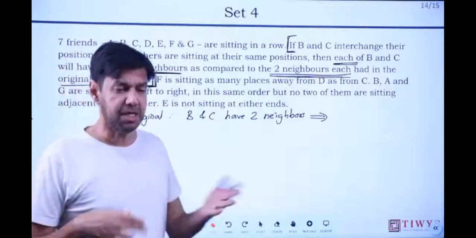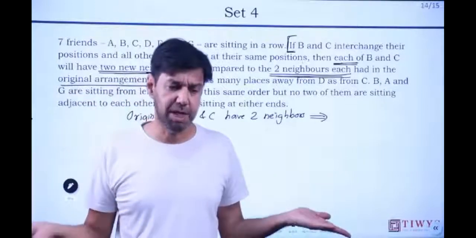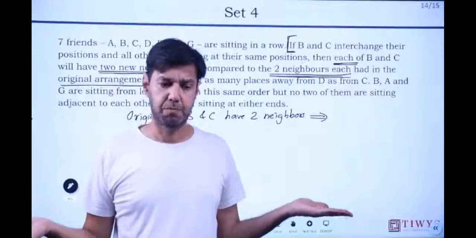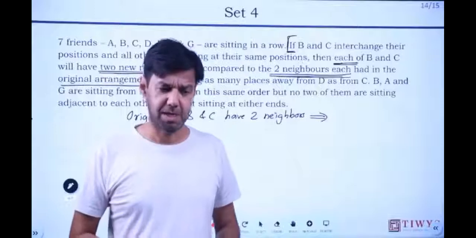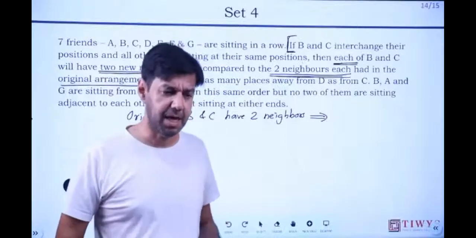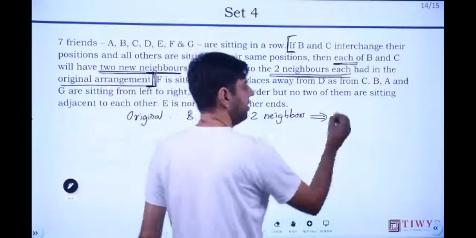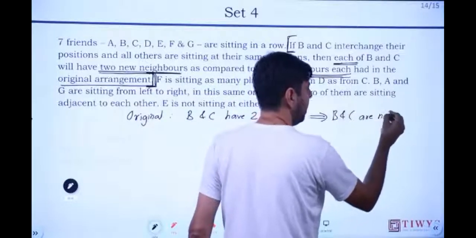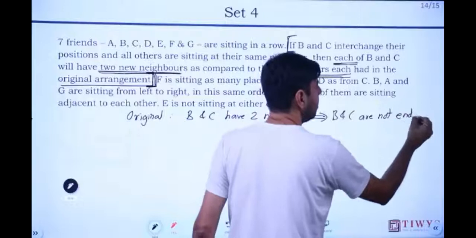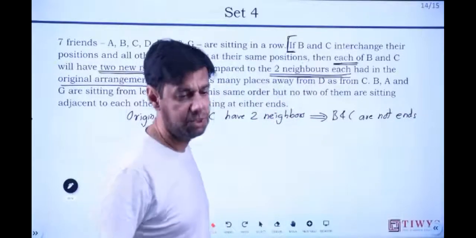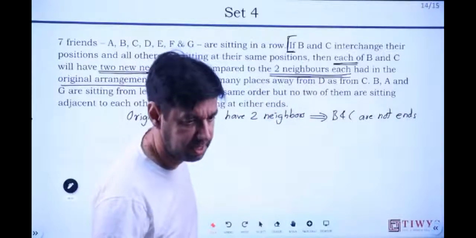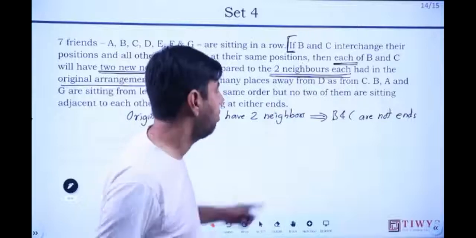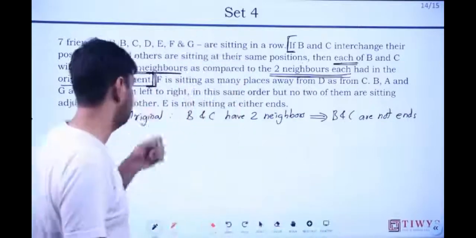When will a person have, so what, everyone has two neighbors, right? So it should be easy, or else again, they won't be at an end. B and C are not at ends. Okay, so this itself immediately rules out Aisha's arrangement, right? So B cannot be at an end because B should have two neighbors.